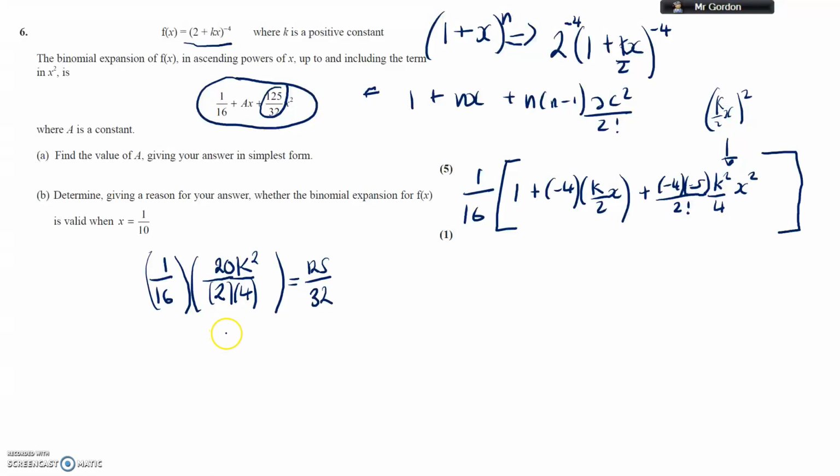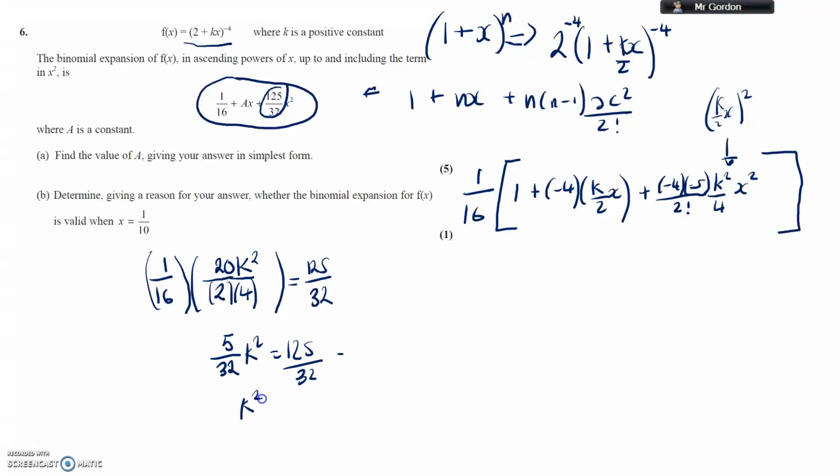Stick this in a calculator, it simplifies down to 5 over 32 k squared is equal to 125 over 32, and I think the 32s are handy. You're basically going to have to divide by this fraction. This fraction is multiplying k squared, and when you divide fractions, I'll do it underneath.